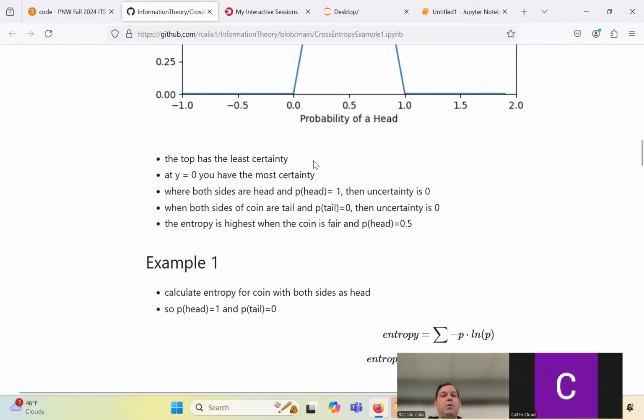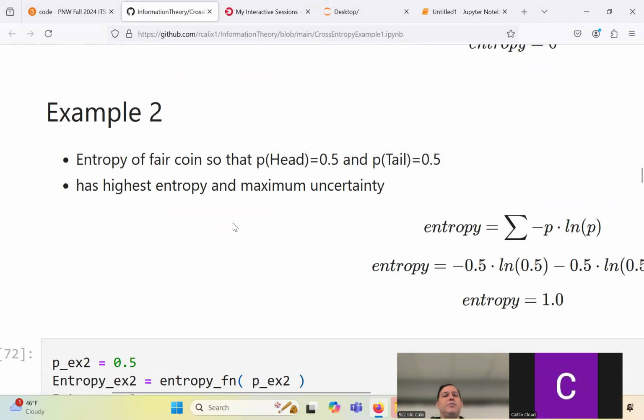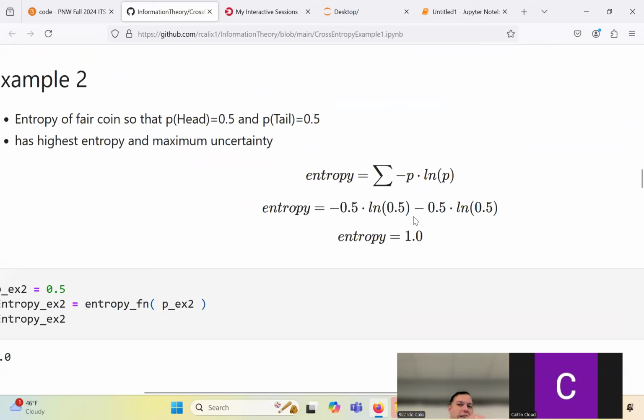Now on the other example, example number 2, it's a different one. Entropy of a fair coin, so the probability of head is 0.5 and the probability of tail is 0.5. You have the most uncertainty there, right? And so it has the highest entropy, which also means having the maximum uncertainty. So in this example, you calculate it, it's going to be negative 0.5 times binary logarithm of 0.5 minus 0.5 times a binary logarithm of 0.5, right?